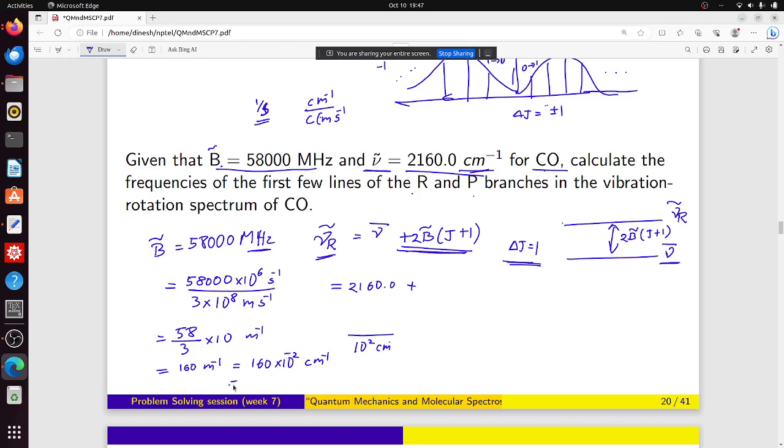So 1.6 centimeter inverse. B̃ we got in terms of centimeter inverse, so this will be 2 times 1.6 times J plus 1, right? Now this will be 2160 plus 3.2 times J plus 1.